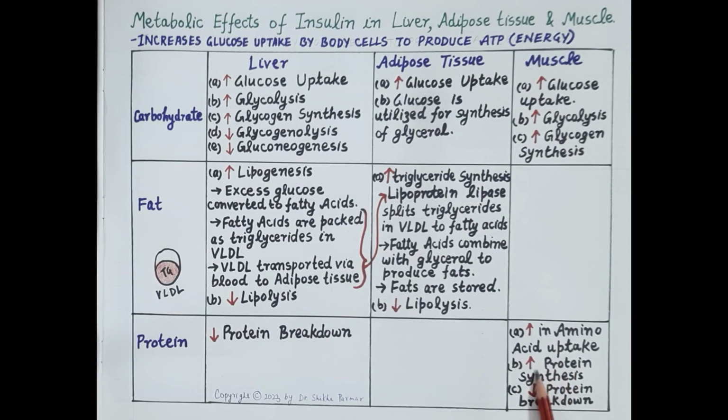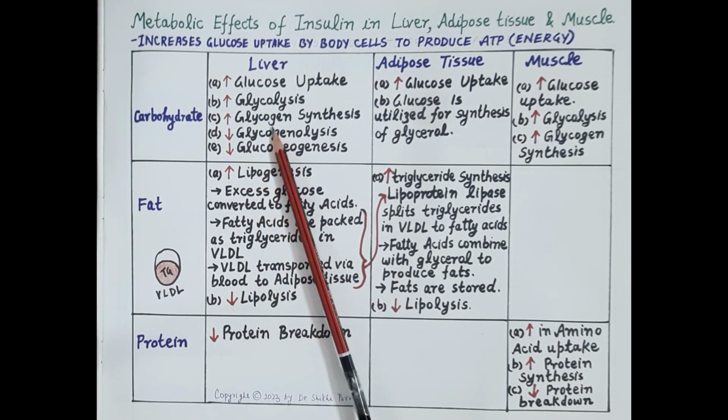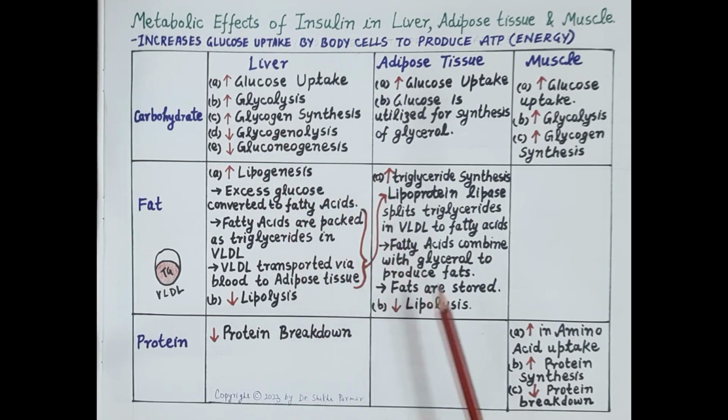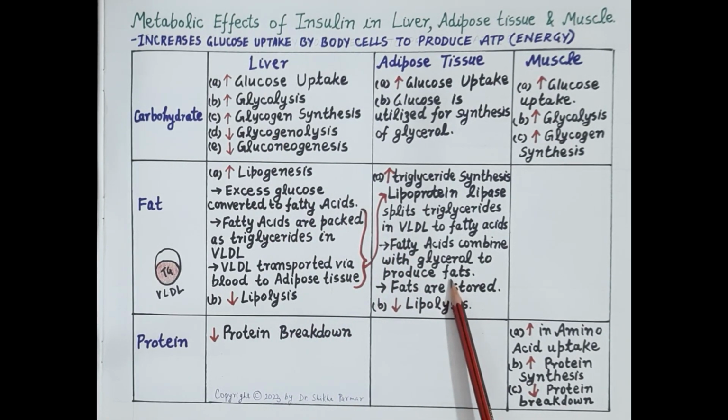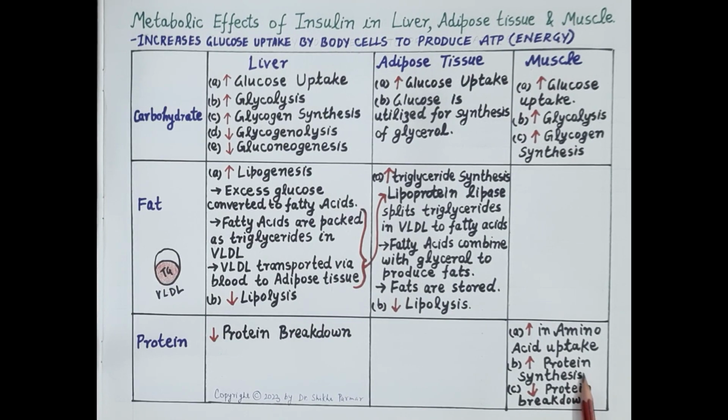Now, these amino acids are utilized for the synthesis of proteins. Insulin also inhibits protein breakdown. Thus, insulin is an anabolic hormone as it promotes synthesis of glycogen, synthesis of fats and synthesis of proteins.